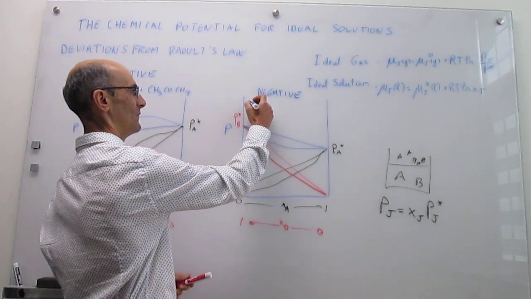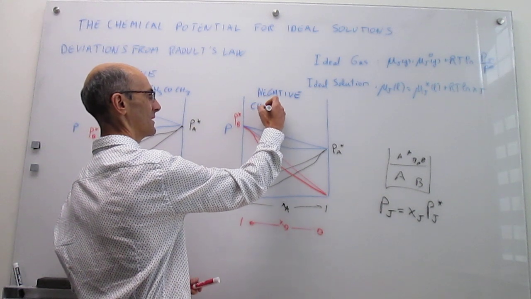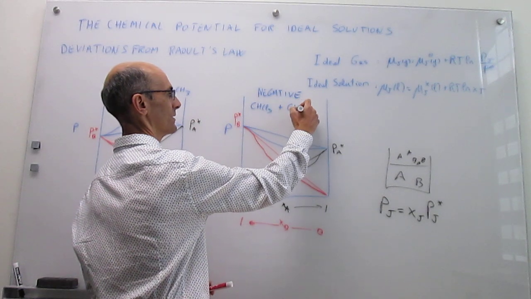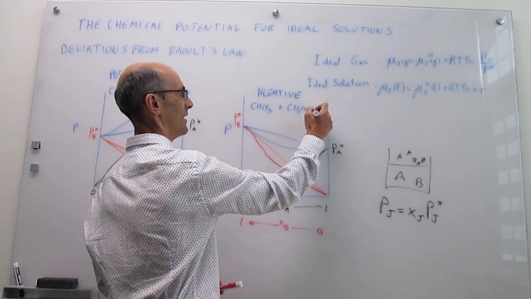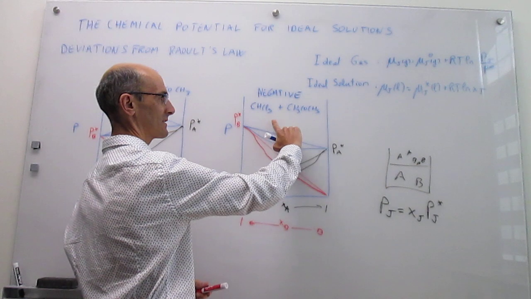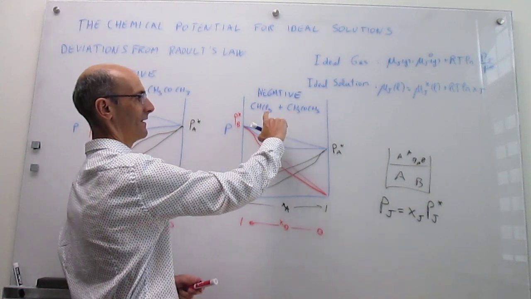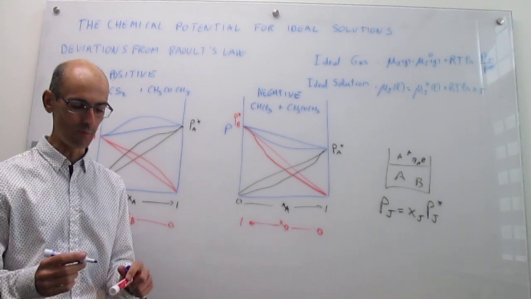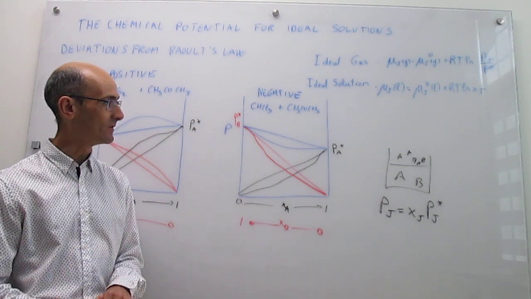For example, the solution formed by chloroform, CHCl3, and acetone, CH3COCH3, are such that chloroform attracts acetone much more tightly than it does chloroform itself or acetone with acetone, right? So that will be a negative deviation as well.